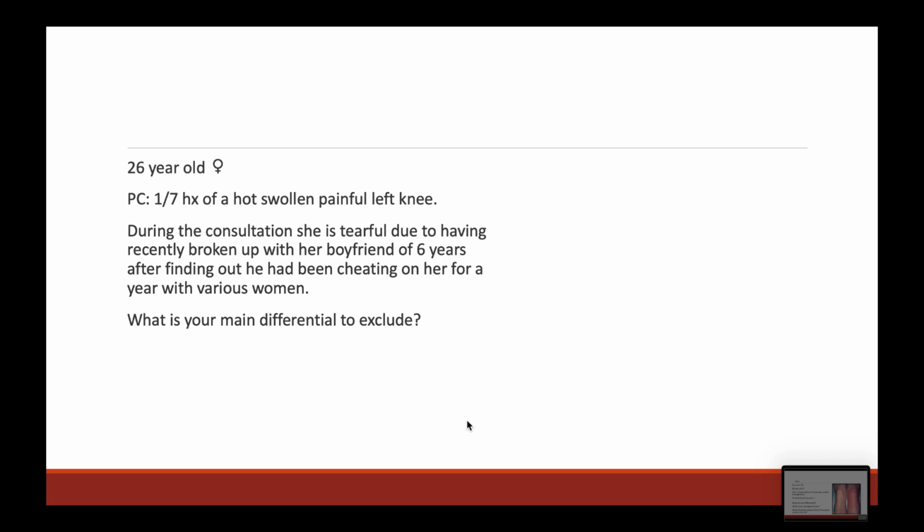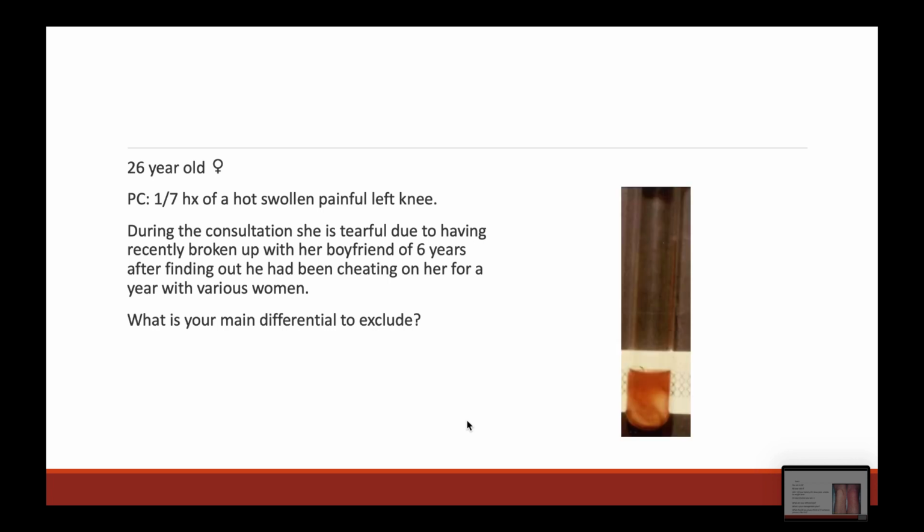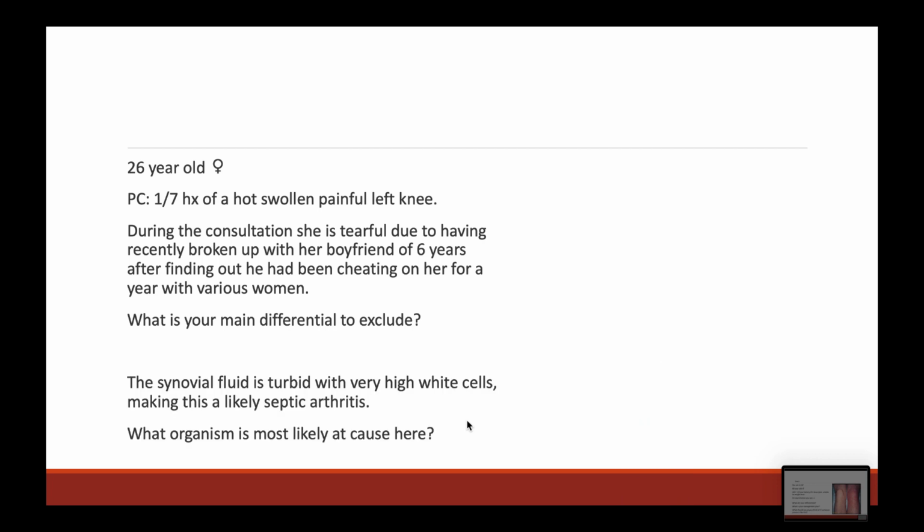You want to rule out any sort of STI-related arthritis, of which gonococcal arthritis is the most common cause of septic arthritis in young sexually active patients. So here's what you see in the joint aspirate after you aspirated the patient. And obviously it's turbid, it's yellow, it's high in white cells. Therefore, again, this is septic arthritis.